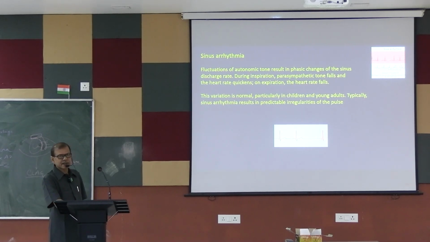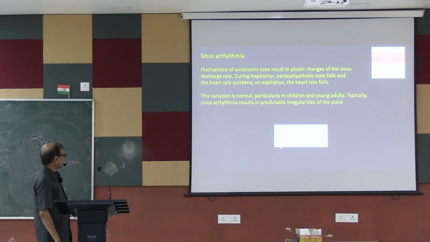But in expiration, there is a reduction in heart rate. The phasic variation in heart rate with respiration is known as sinus arrhythmia. This is quite normal, usually present in the young adult. It is virtually not an arrhythmia. This is an example of sinus arrhythmia.